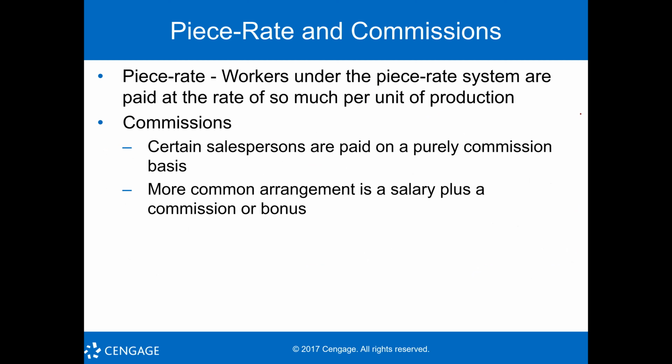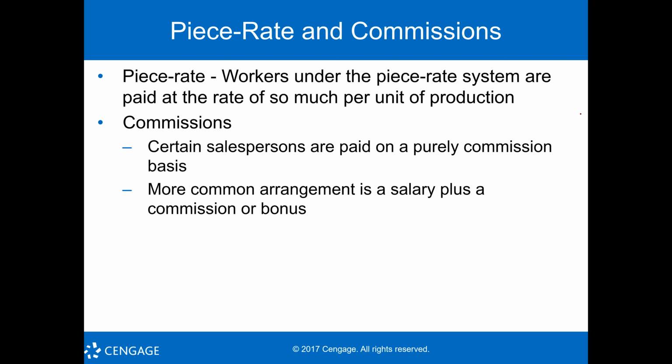Piece rate, I mentioned this earlier, is generally when workers are paid per unit, like in a manufacturing setting. Workers might be paid based on how many units they manufacture that day, which would be a piece rate system. Workers under a piece rate system are paid at the rate of so much per unit of production.